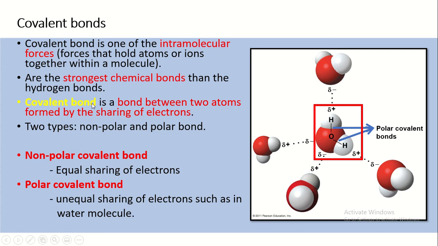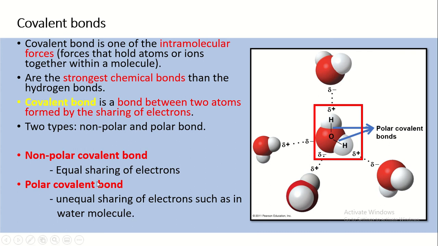The covalent bond refers to the bond between two atoms that forms by sharing electrons. When these two atoms share electrons, they form what we call a covalent bond. And there are two types of covalent bond: non-polar and polar covalent bond.